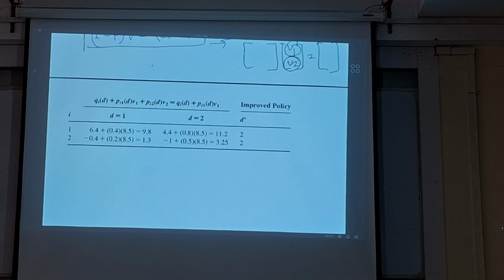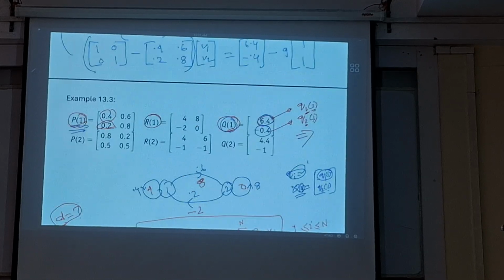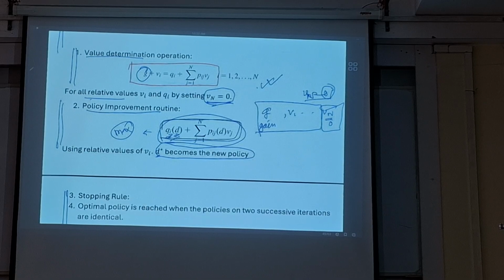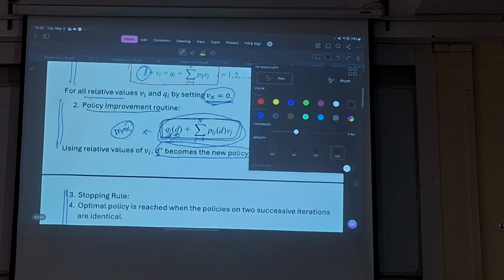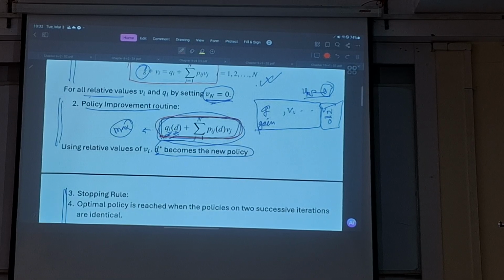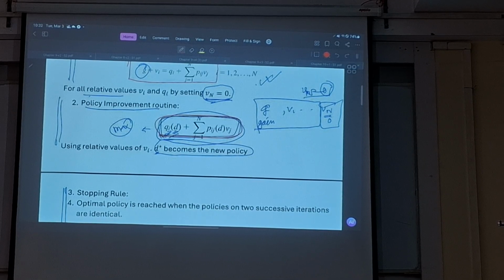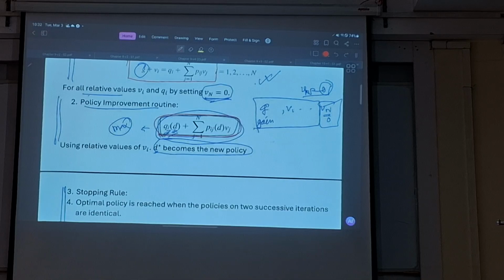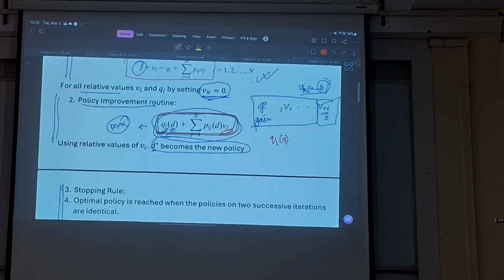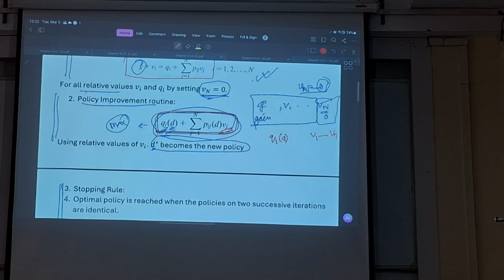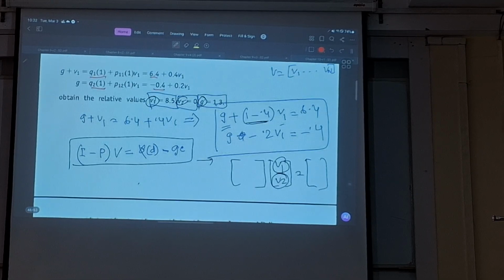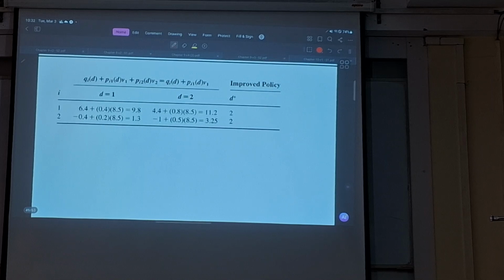Once we have this one, the second step is we need to actually find the optimum value for this one. Now for a particular policy, we have the values of V1 and we know the value of V1 here, and the probability matrix is given to us. This thing is done here.